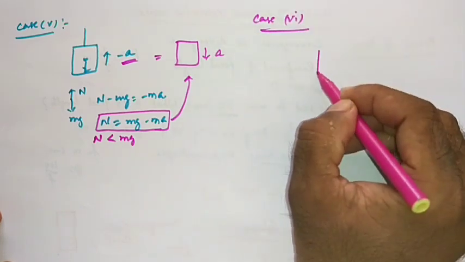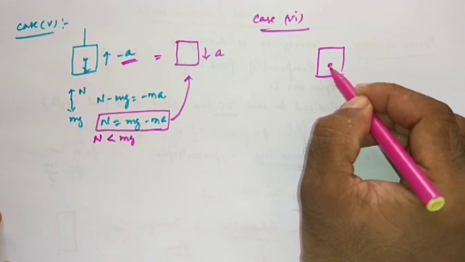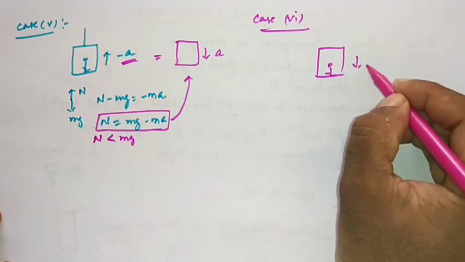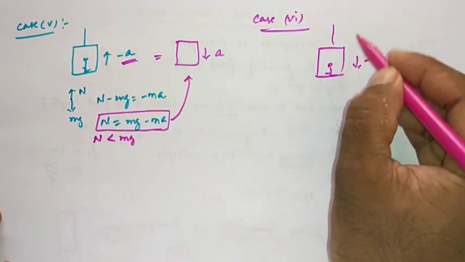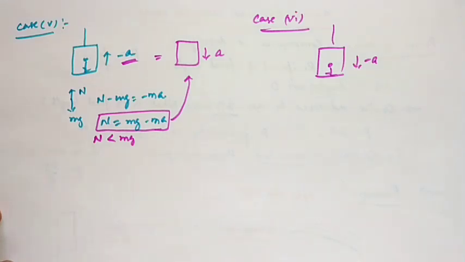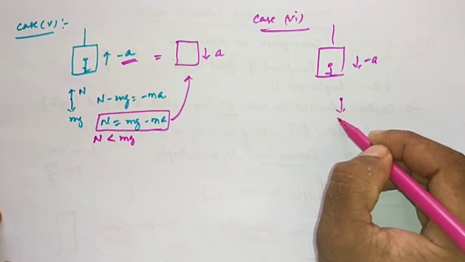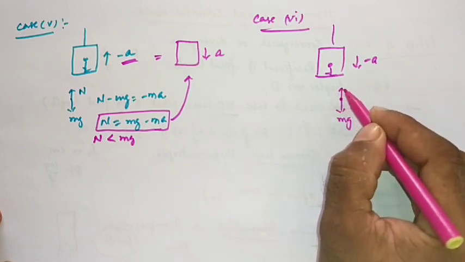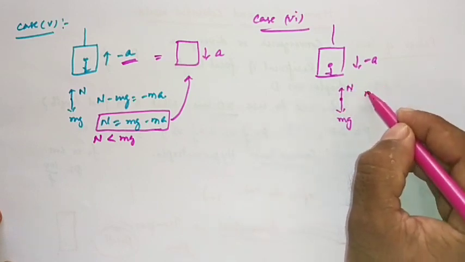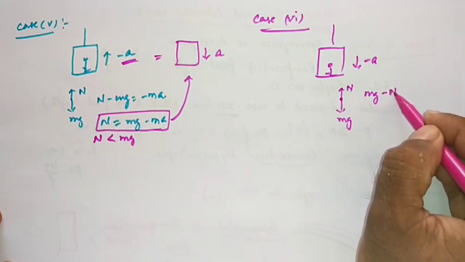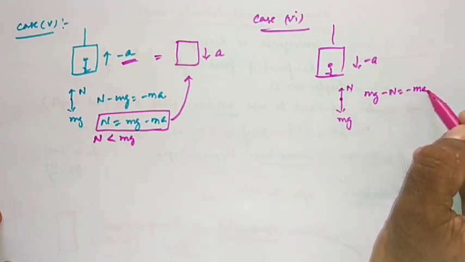In this, now the lift is moving down with a retardation, meaning while it is coming down, its speed is decreasing. Now let us see. Free body diagram is mg and N. So the equation is mg minus N is equal to minus ma.